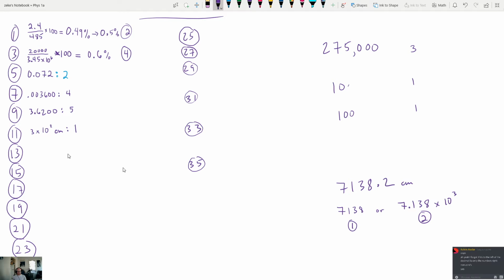So I believe the correct answer for 13 is 2 or 1, but this one is better technically. Because there's one of the rules they give you at the very beginning, right? What do you all think? Is either one of those answers better than the other one?